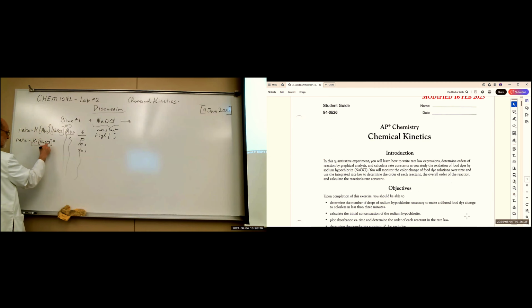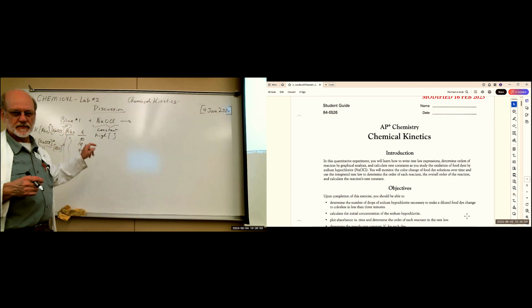And that's equal to a pseudo rate constant. And that's times absorbance. Again. So we do that for both experiments. All right, so I'm going to stop there and pick it up in a few minutes.